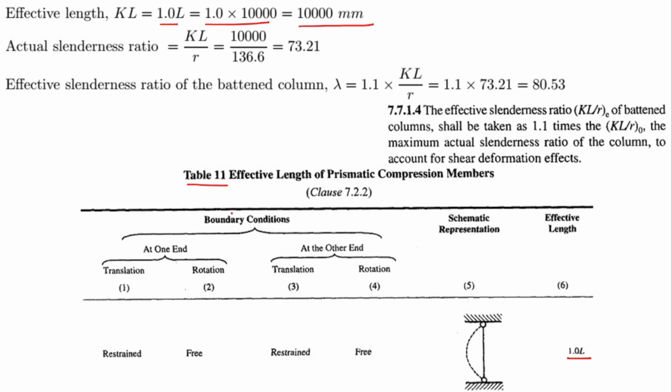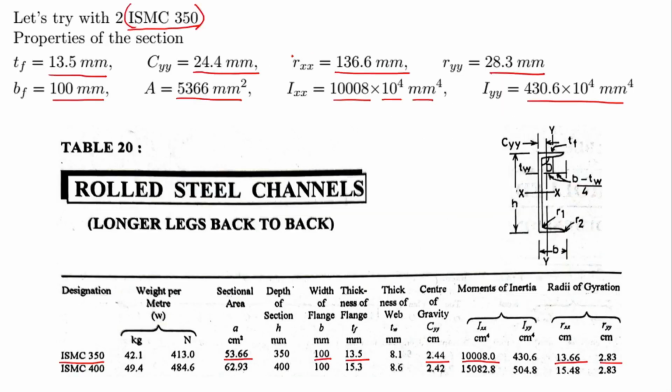The actual slenderness ratio of the column, KL by r. KL is the effective length, which is 10,000 mm. Then radius of gyration is 136.6. So there is a question why we have considered the maximum value of the radius of gyration.